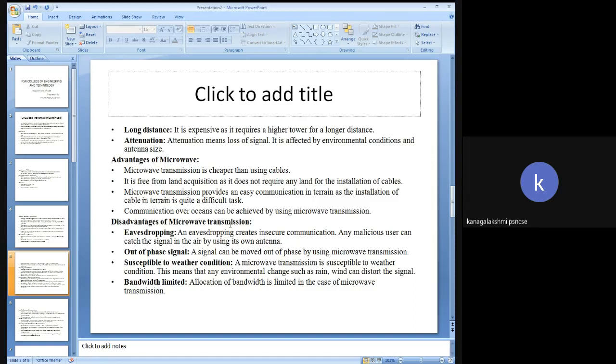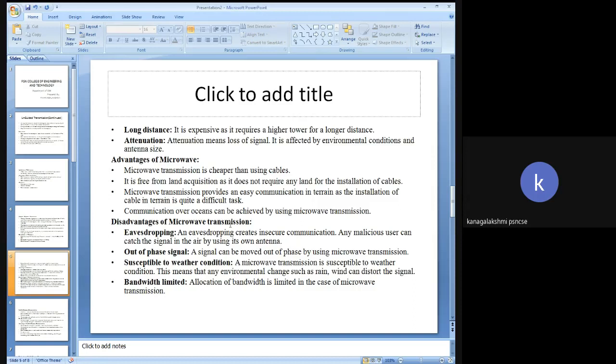For the installation of cable, we know there is a need for land acquisition. Over land, installing a cable is quite difficult. Here in microwave transmission, there is no need for land, because there is no installation of cables.